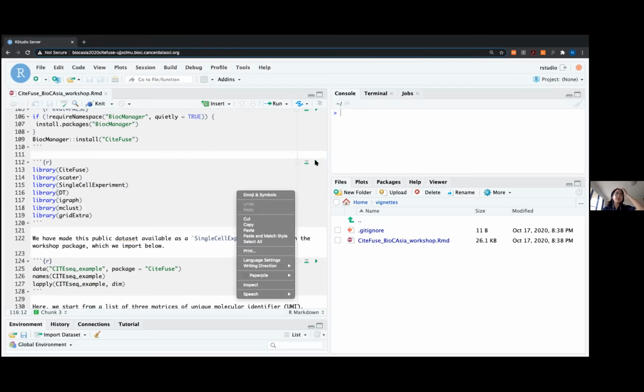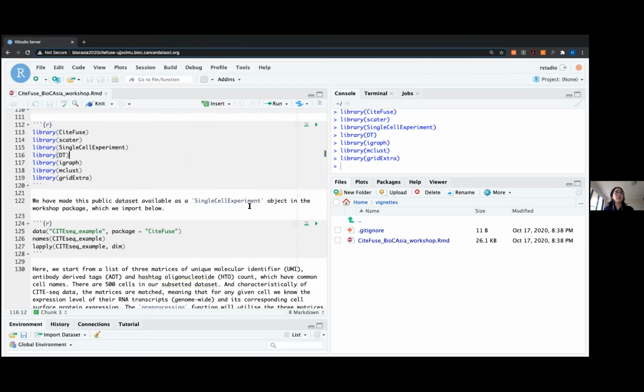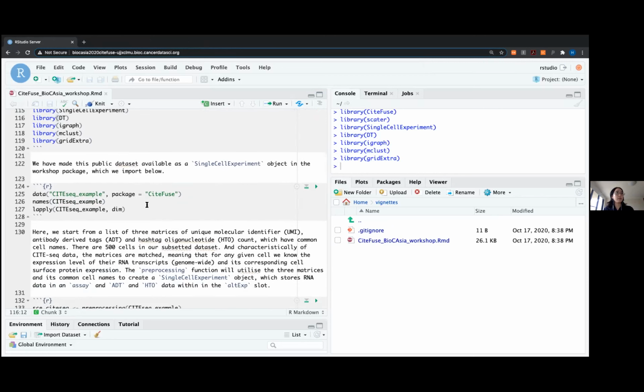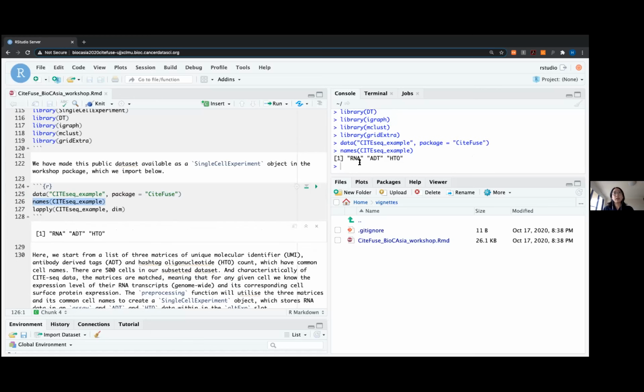So if you haven't already done so, we can start by loading the packages that are used in this workshop and the analysis for CiteFuse. In our CiteFuse package, we have a dummy dataset, which can be extracted using this line of code. And so if you were to generate CITE-seq data, what you might potentially have is RNA count, ADT count, and also HTO.